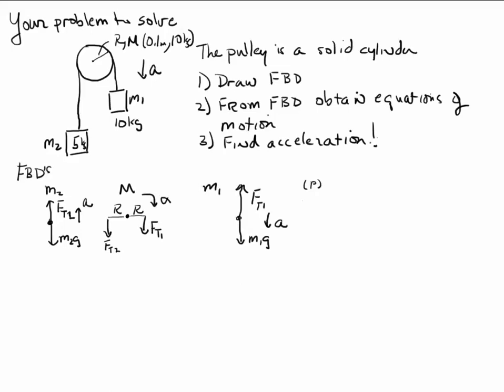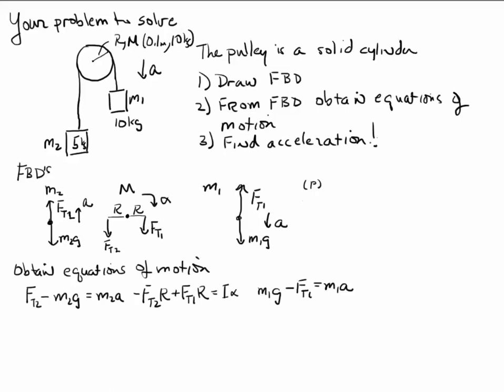So now our goal is to obtain the equations of motion from the free body diagrams. Okay. So we have for the first one that the force of tension T2 minus m2g is equal to mass 2 times the acceleration.